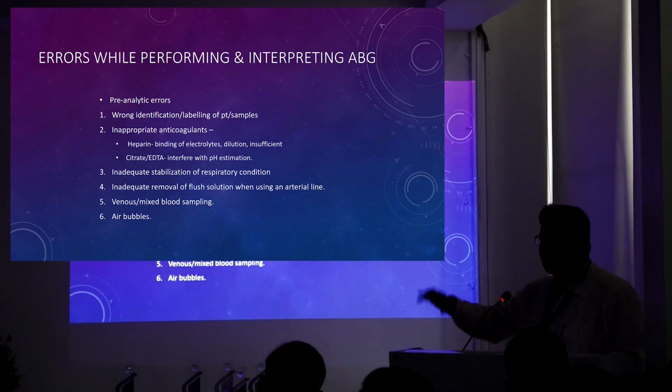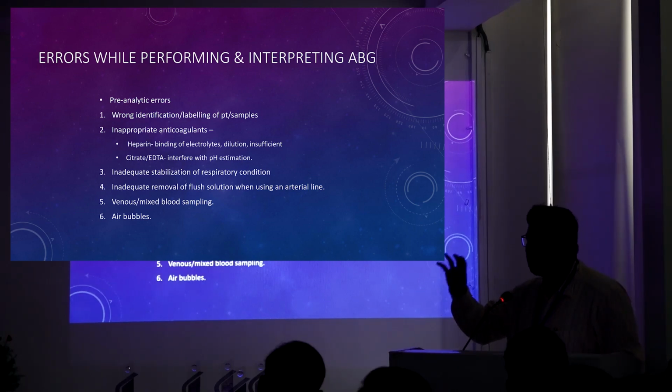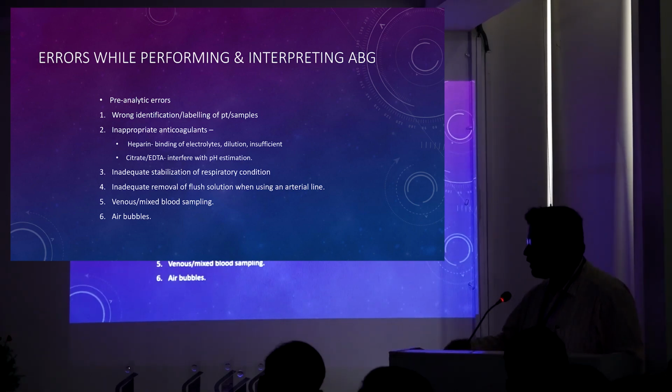That's why the classic teaching is never to trust the electrolyte report of the ABG, send it to the lab. It is mostly due to heparin binding, and there may also be insufficient heparin leading to clotting of the blood.